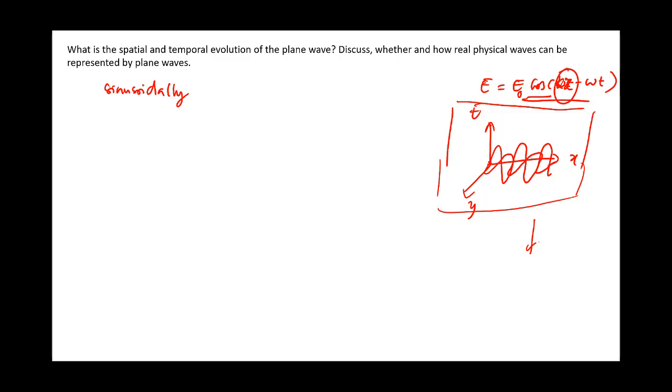A real physical wave like a pulse, like we have seen in the last lecture, is described by mixing various plane waves. So we're mixing various plane waves, and that's how we can describe real physical waves. All right.